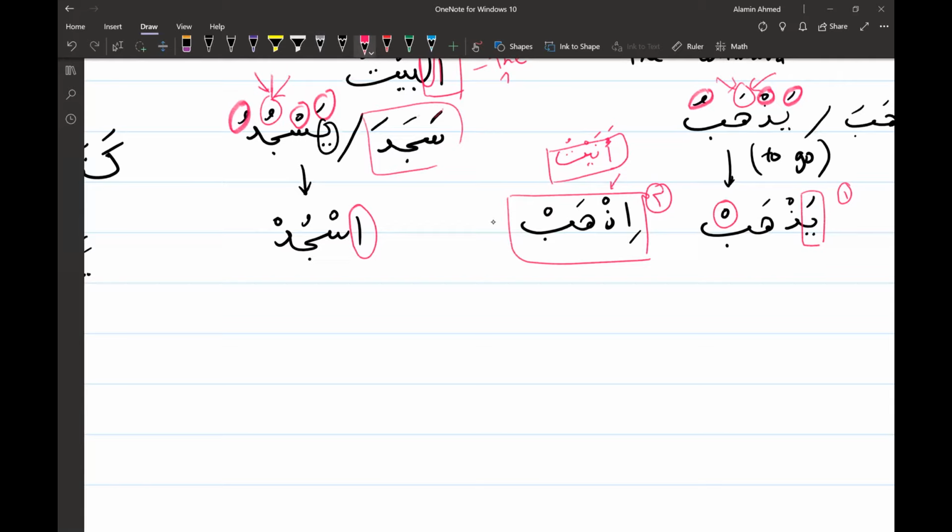We said that we start with kasra. That's the first thing. We have to put kasra, and then there will be times when the kasra is not working, and unfortunately or fortunately, this is the time. Why? There's a different opinion on why that is the case, but the situation is that when you have a dhamma in the middle, then you cannot have a kasra.